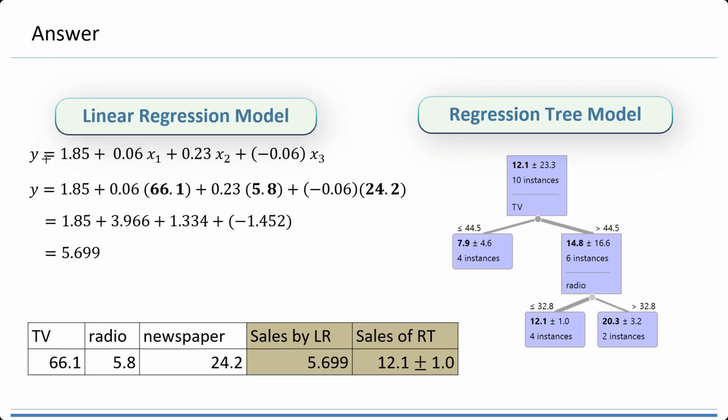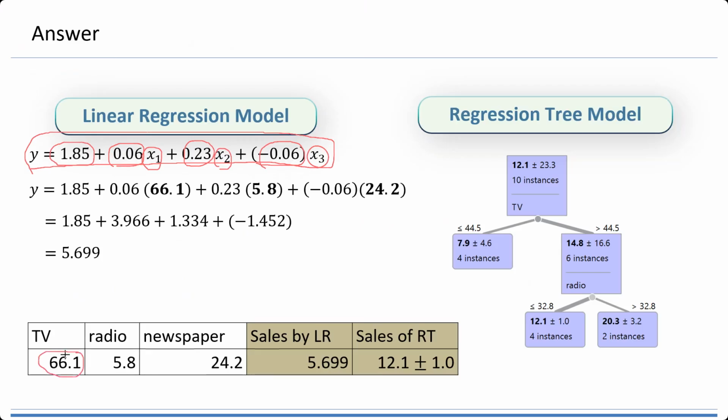If you still remember, we have the model in the linear regression like this one. Y equals 1.85 plus 0.06 multiplied by x1 plus 0.23 multiplied by x2 minus 0.06 multiplied by x3. So we just put the numbers.